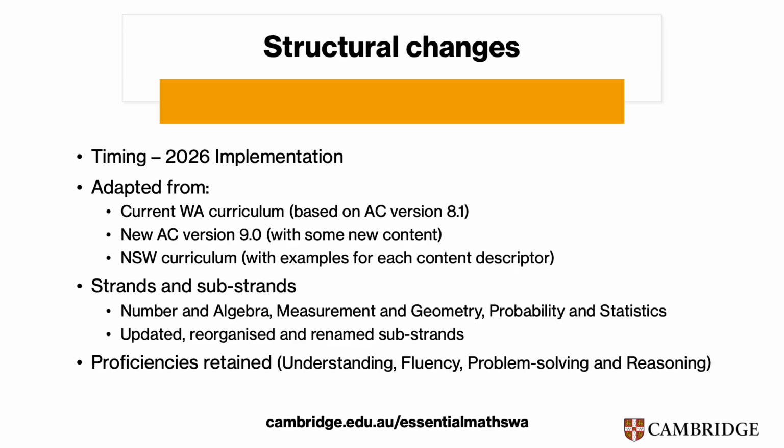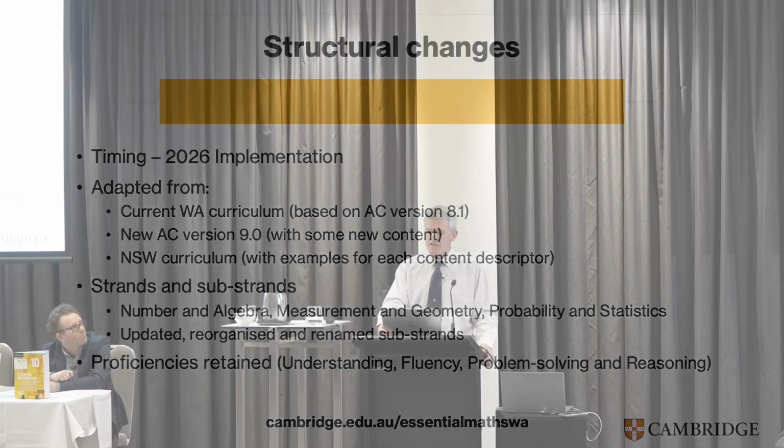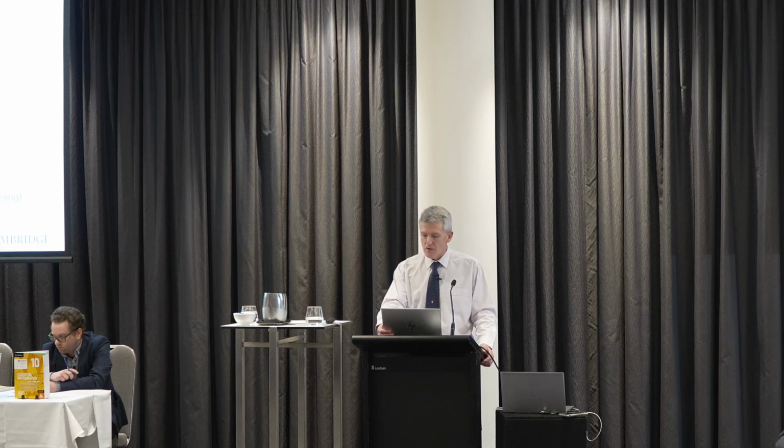And so Western Australia has retained the 3 main strands and then updated and reorganised all the substrands, which are no longer in the Australian curriculum. So that structure that people are used to is still there, along with the proficiency strands, understanding, fluency, problem solving and reasoning have been retained as well.